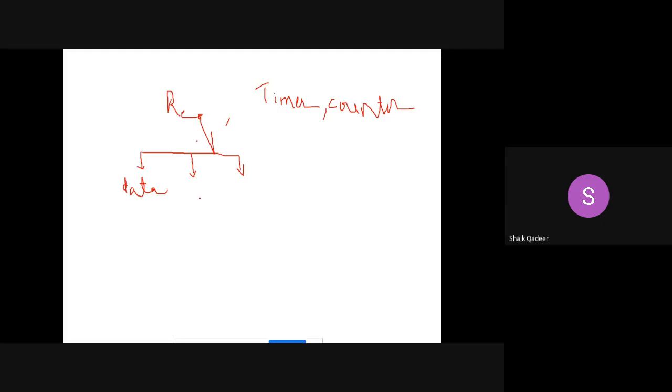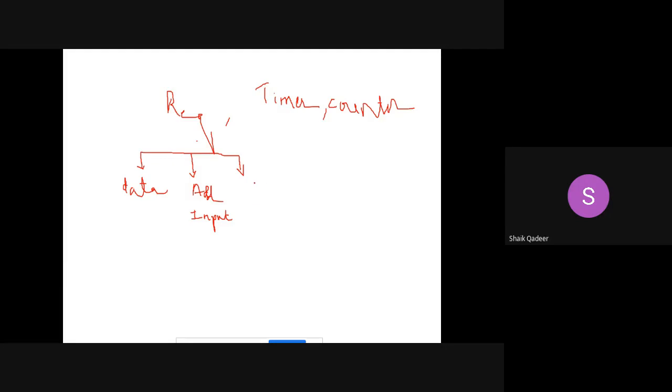Can we get holding of an address also done with a register? Is it possible? Yes, it is possible. Then this register is called an input register.